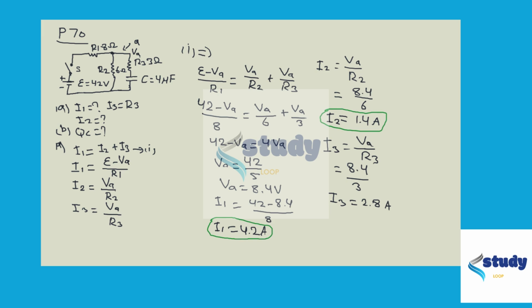So this is the value of I3, that is the current through resistance 3.